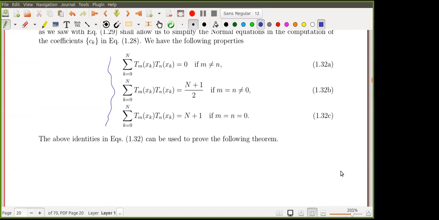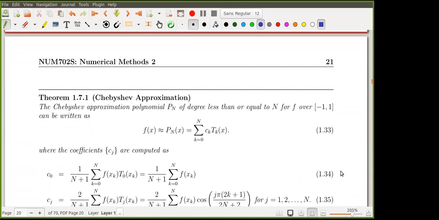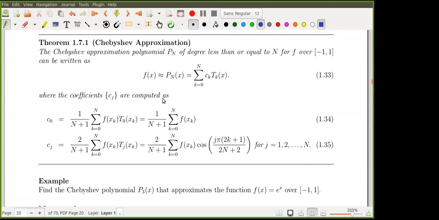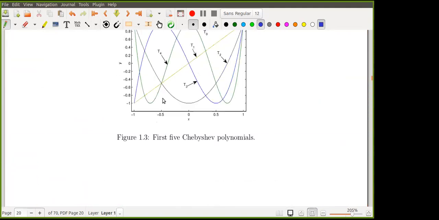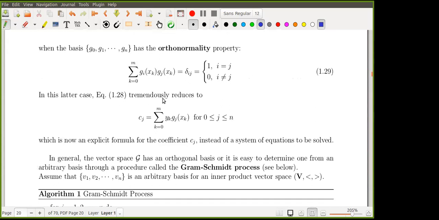All right, so if we go back to the least square problem, as I mentioned, it becomes easy to compute the various coefficients, the Cjs. These are the Cjs. Remember, we said that if we were dealing with orthonormal, we saw the expression here.